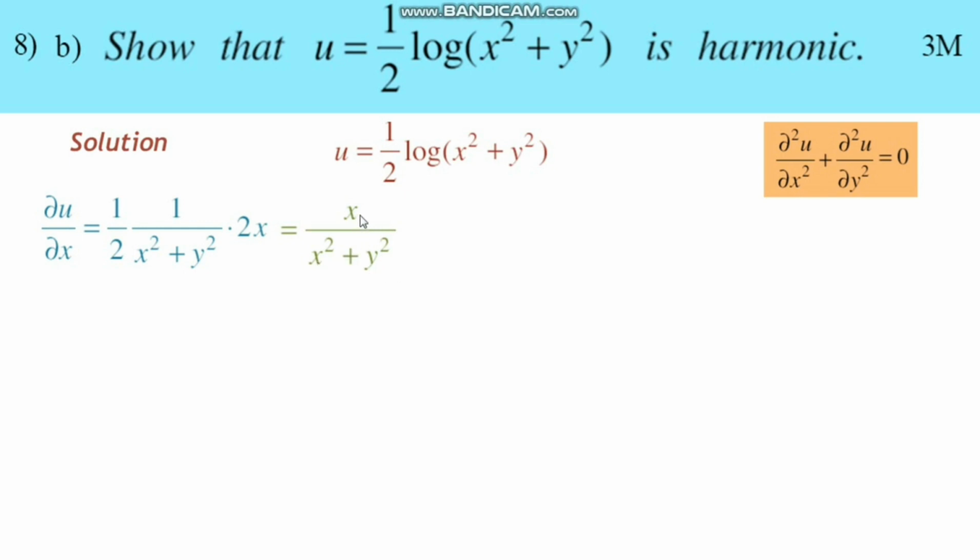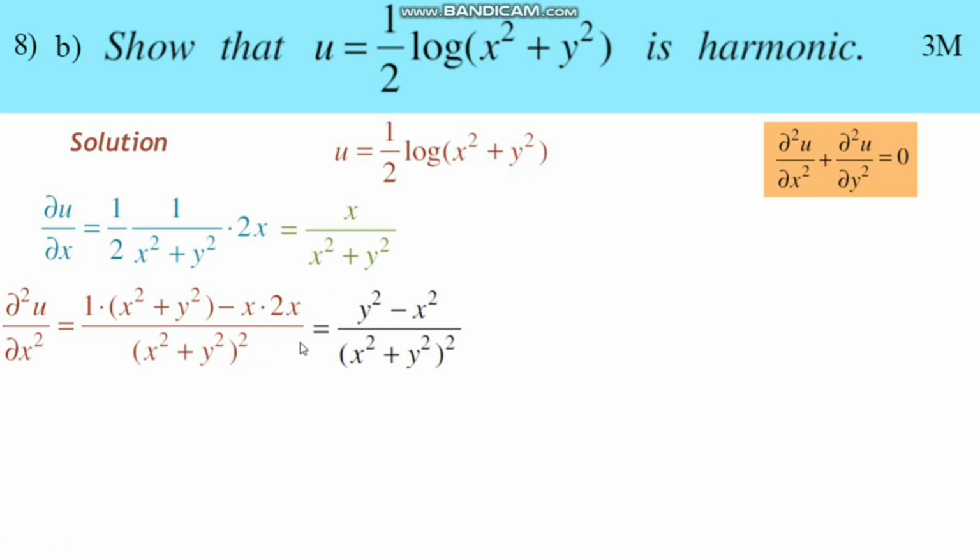According to (u/v)' = (vu' − uv')/v², ∂²u/∂x²: vu' means x derivative with respect to x, minus uv' means x square plus y square derivative with respect to x, by v square, (x square plus y square) whole square.